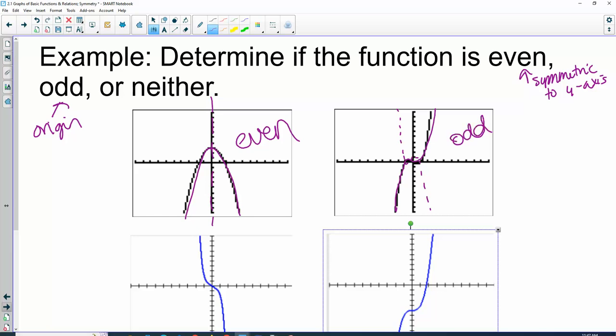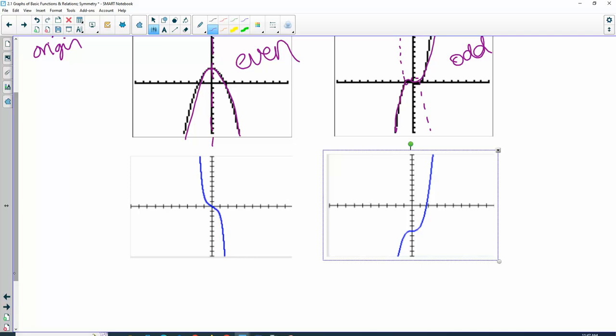Symmetric to the origin. All right, this one. So I think if I flip it over the y, okay, definitely not what I started with. If I then flip that over the x, does it overlap the original? Yes, so this would again be odd.